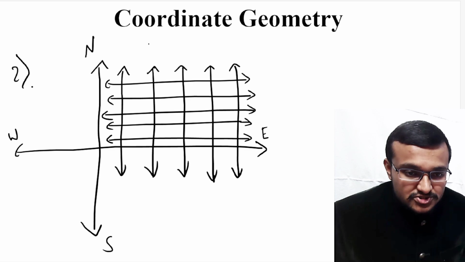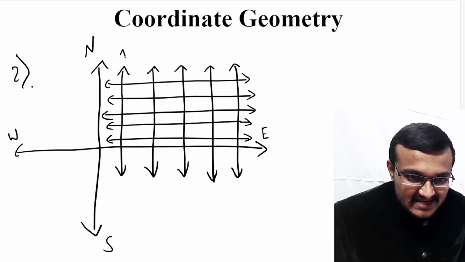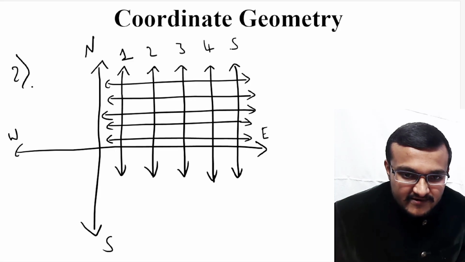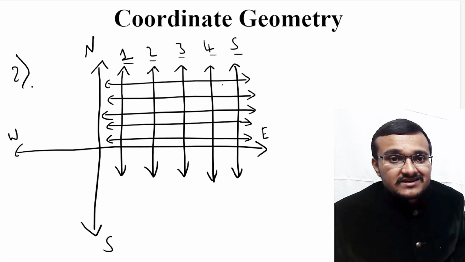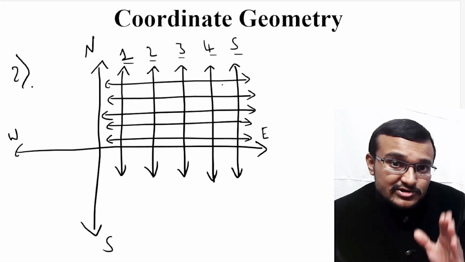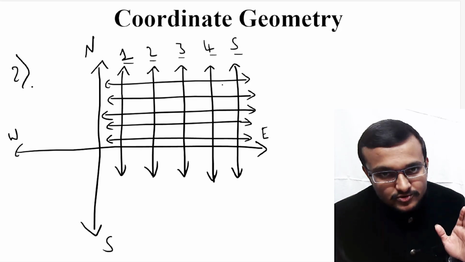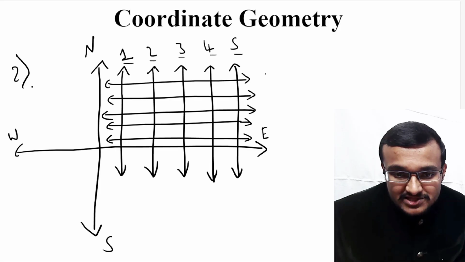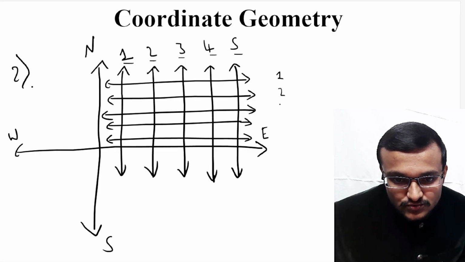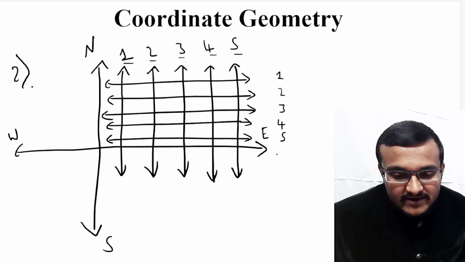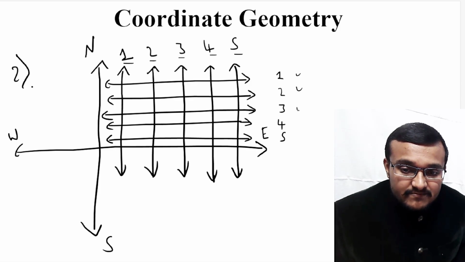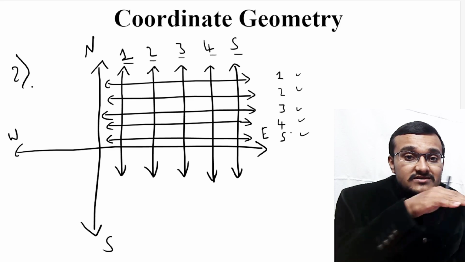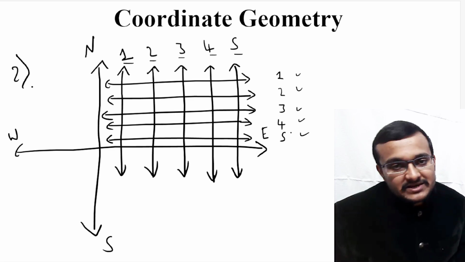Now these crossroads, you can call this 1 2 3 4 5, which is parallel to the north south road. Now we'll call this 1 2 3 4 5, which is parallel to the west to east main road.